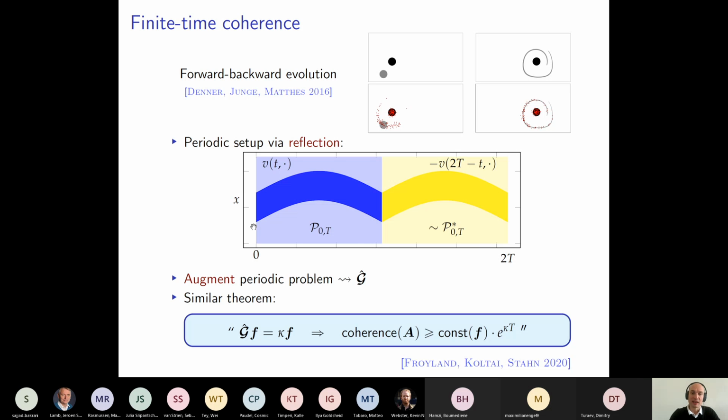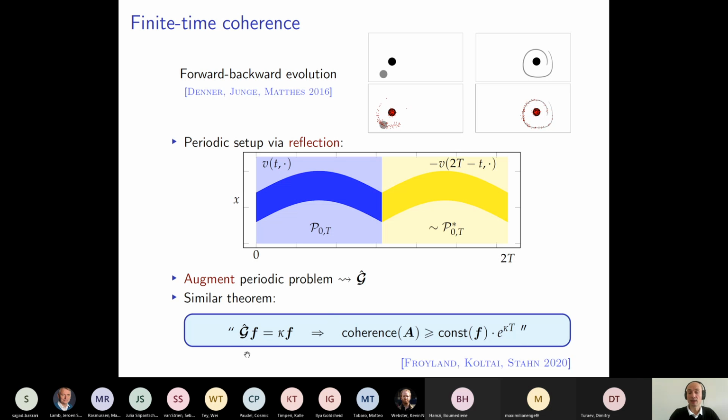And then we can wrap this whole thing in horizontally around the cylinder, because we are starting at 0, going to tau, and from tau we're going back to time 0 basically. So again, we get something periodic, and we can apply the theory I was showing you just before to, on the one hand, construct a reflected augmented generator G hat, and to state a similar theorem as before.